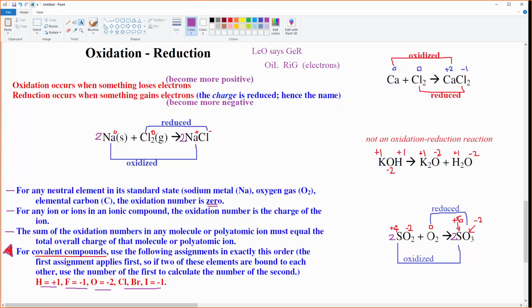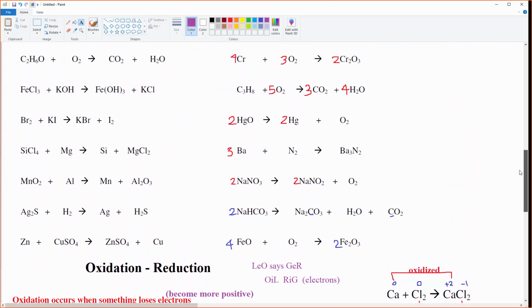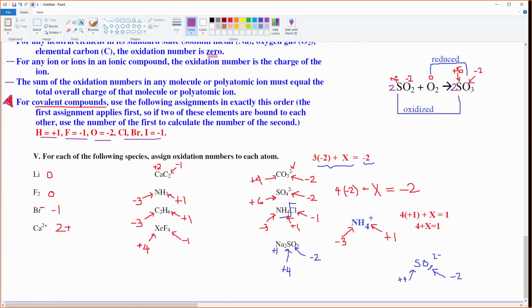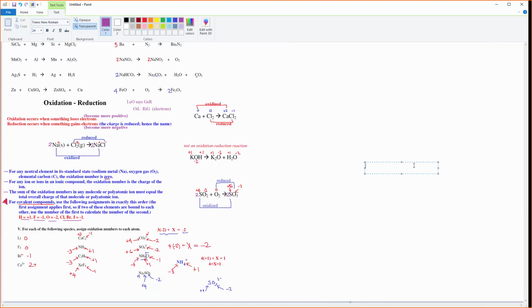Okay, well, those are just from the lecture notes. We've got a bunch more from your worksheet. Do you want to go over some more of these? How do you feel? What do you think? Just the tricky ones with the covalent compounds. That could be helpful.